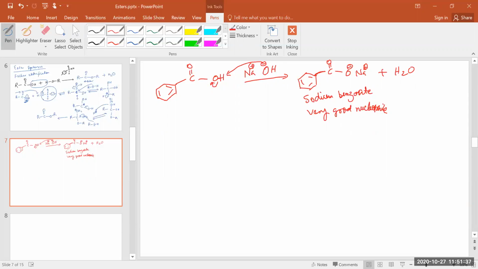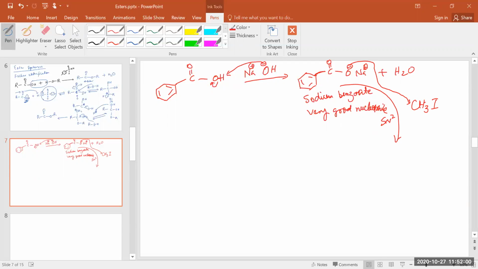If you react this with an electrophile, let's say iodomethane, what will happen? The carbon here is an electrophile, so this will react via an SN2 reaction.